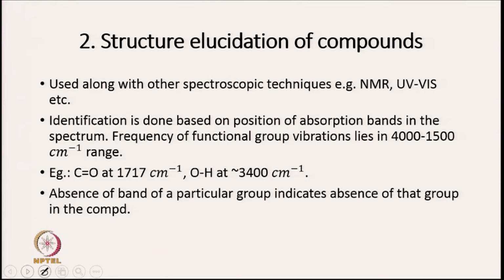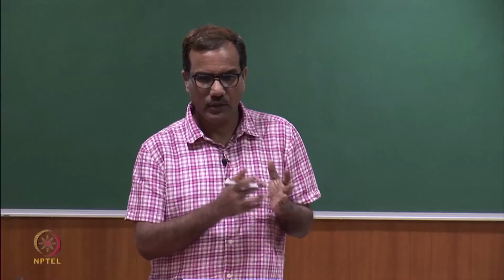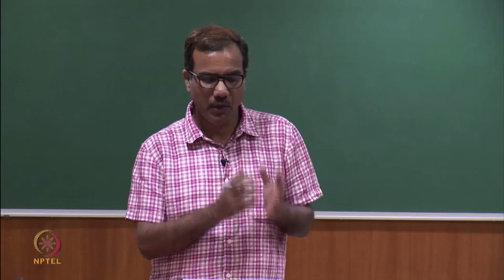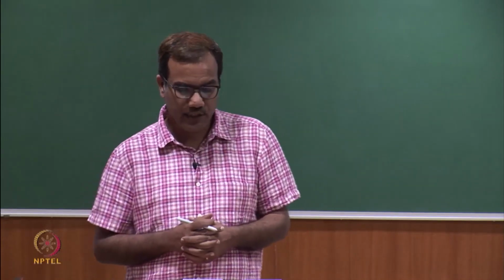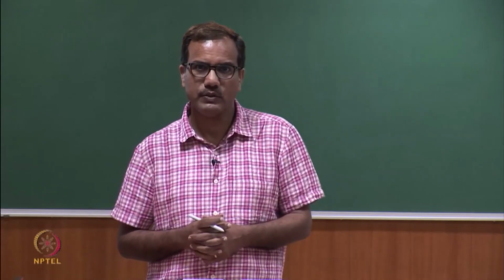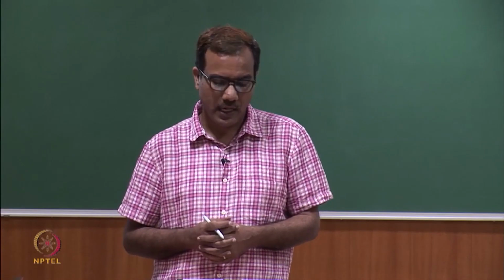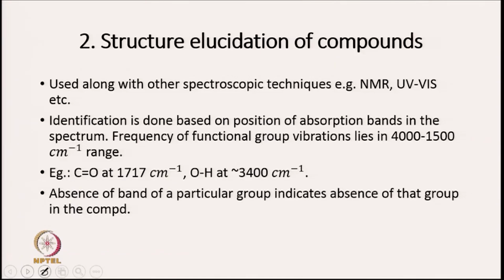So, this is about identifying the molecule in the sample. The second thing is we can even get the structure of the compound using IR, and for that we need to combine this with other spectroscopic techniques like NMR, UV visible. Particularly, functional groups can be very easily identified by use of IR spectroscopy.